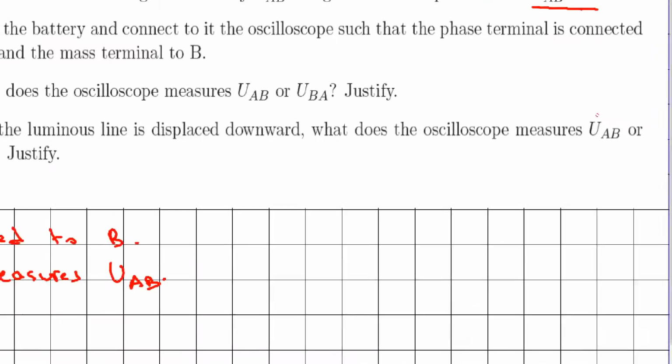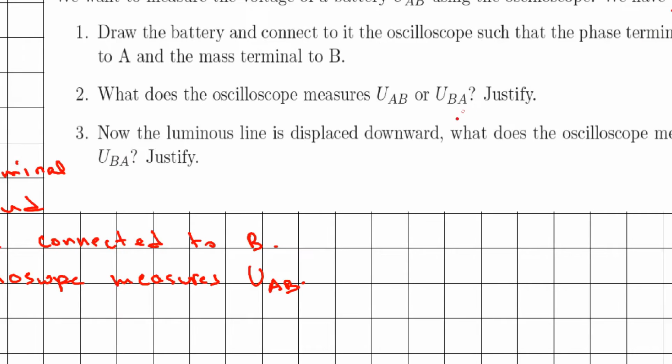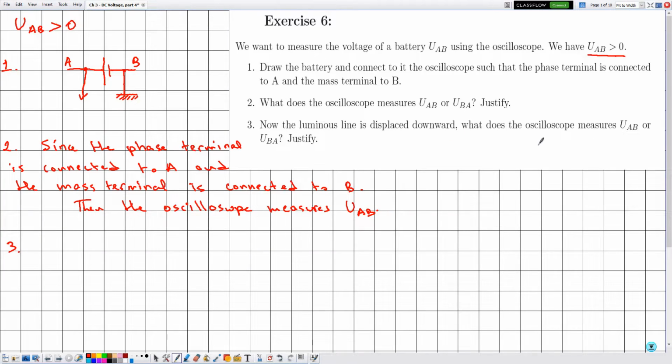Now in number 3 they are telling me the luminous line is displaced downward. Displaced downward means that it's measuring a negative voltage. What does the oscilloscope measure, UAB or UBA? Justify. So first, let's give the explanation of the downward displacement due to the oscilloscope.